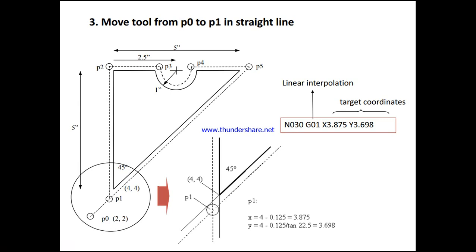So 0.125 divided by tan of 22.5, that is half of 45, gives 3.698. So these are the coordinates we are going to get.